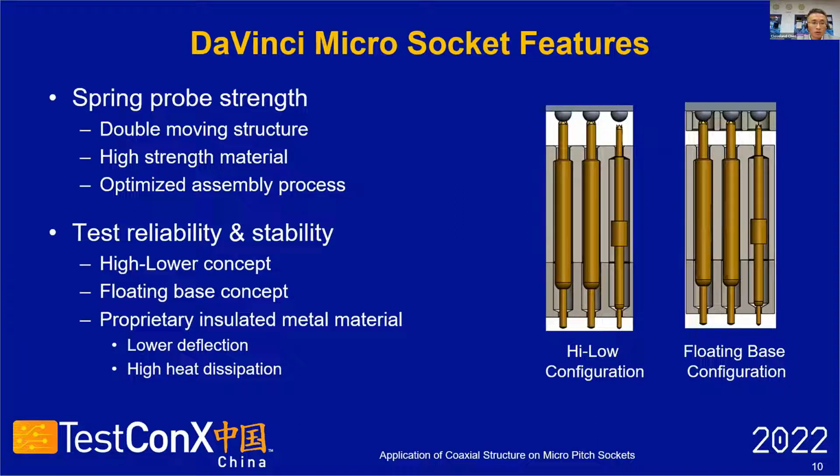This material also acts as a heat dissipator to transfer the heat and avoid pin overheating issues. So all these ideas ensure good test reliability and stability, so our DaVinci Micro socket has good performance, even for high volume production test.